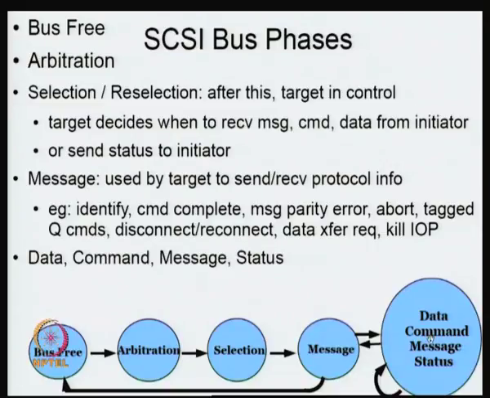It gives an attention signal to the target, and the target now says, I got your attention signal, please send the message you want to send me. Again the target is in control. It tells the initiator, I noticed that you wanted me to respond to something, I am now ready, please send a message.